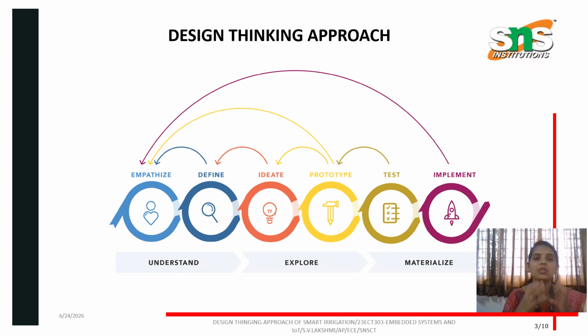Then we check for the proper output, which is called testing, and then comes implementation. These are the 5 major stages of the design thinking approach. We understand, we explore, and we materialize.